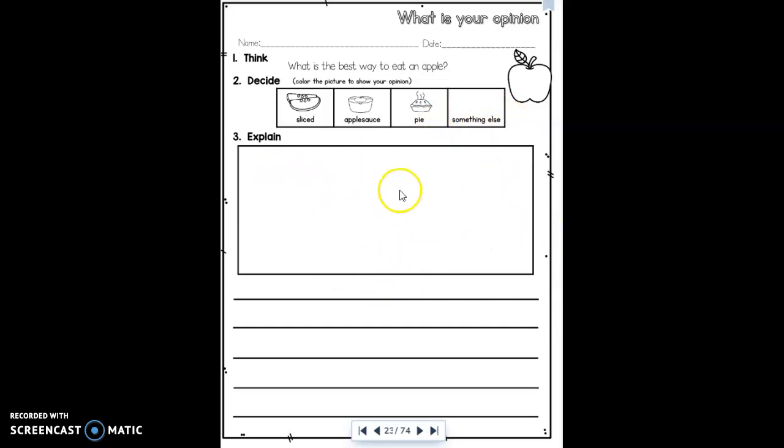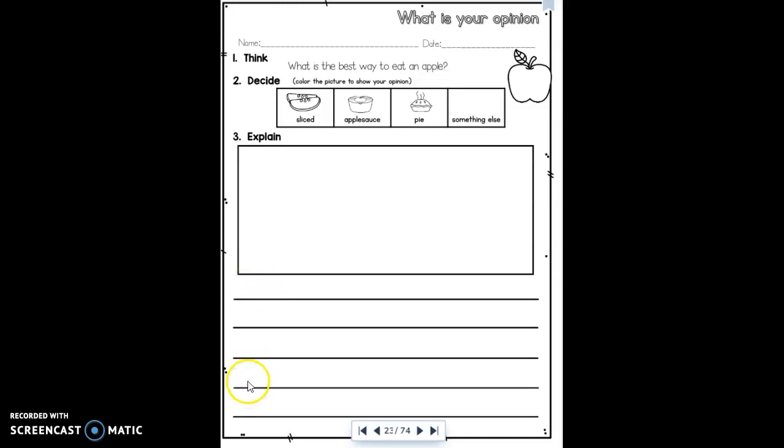In this box, you'll draw a picture, and then you're going to write a couple of sentences that explain. First of all, you need to restate the question. I think whatever you choose is the best way to eat an apple. Then you need to say why. I like whatever you choose because, and then finish it up by stating that same sentence from the beginning again.